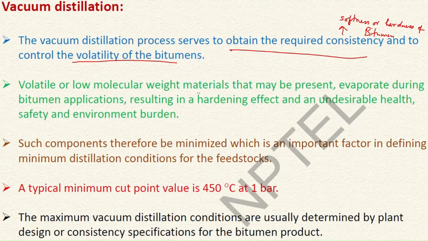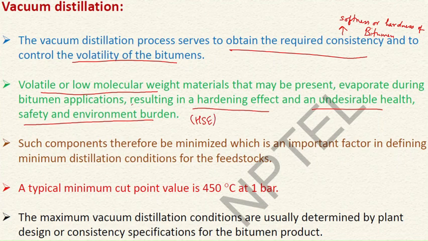Volatile or low molecular weight materials that may be present evaporate during bitumen application. So during application it is heated, and the lower molecular weight, volatile components evaporate, resulting in a hardening effect and an undesirable health, safety and environmental burden.